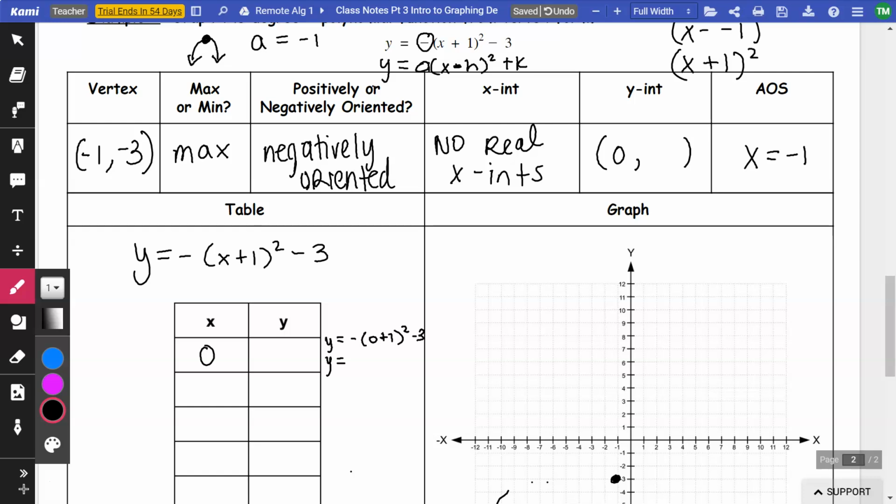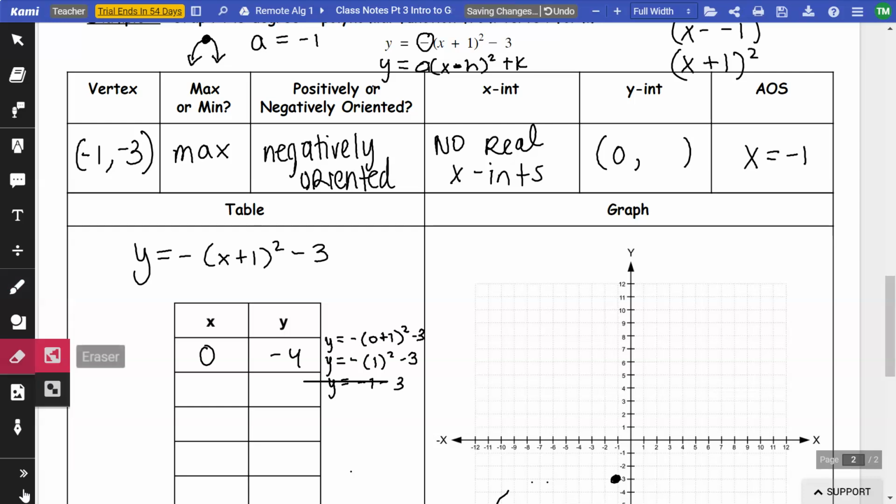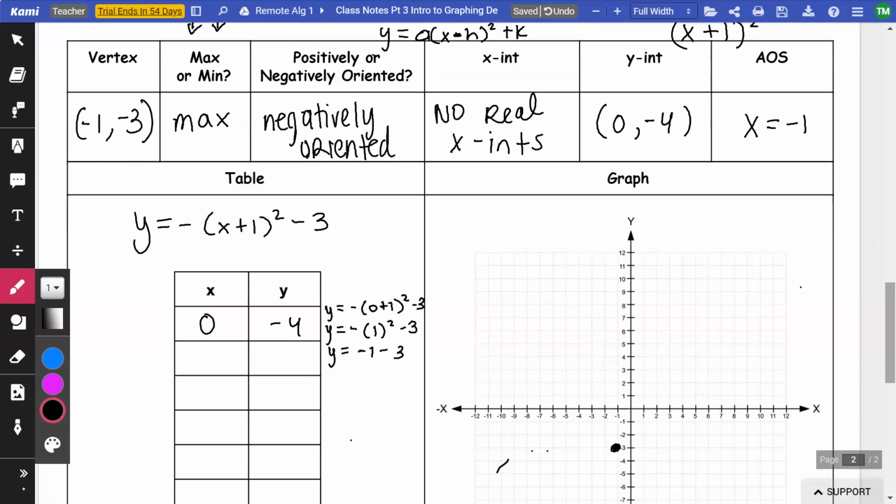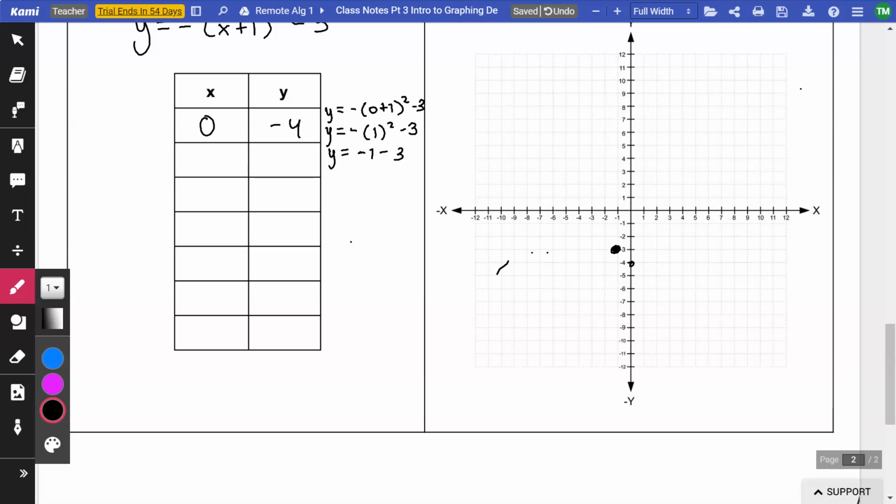So y is equal to 0 plus 1 is 1. So the negative of 1 squared minus 3. 1 squared is 1, but the negative of that would be -1. So y equals -1 minus 3. So y is -4. So our y-intercept is at 0, -4.